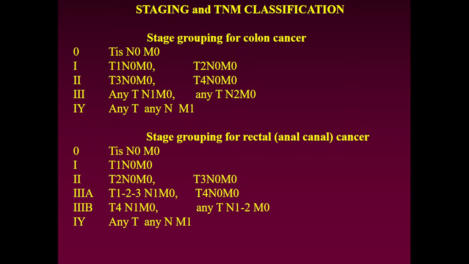For rectal and anal canal cancer, stage 0 is Tis N0 M0. Stage 1, T1 N0 M0. Stage 2, the same, T2 N0 M0. Stage 3 is divided into two groups, stage 3A and stage 3B.